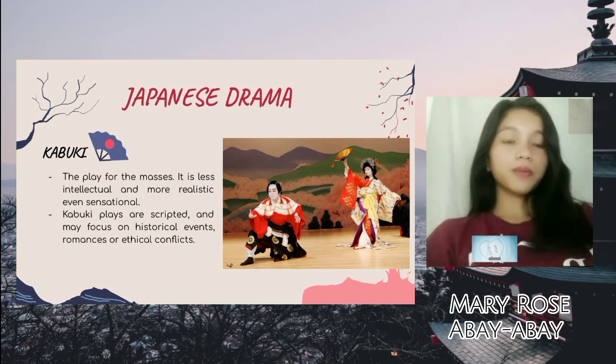So the kabuki play or dance has five acts. The first act is the setup or the introduction of characters. Act 2 is the build-up, and Act 3 is the primary action and the climax of the story before the resolution in Act 4 and Act 5.